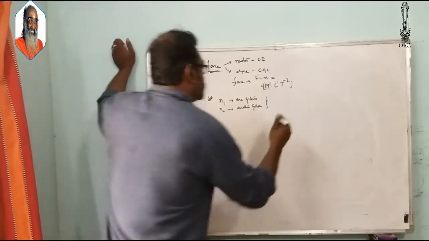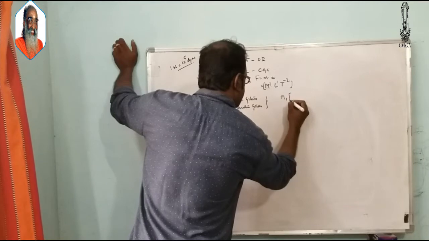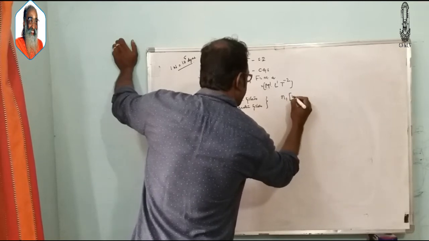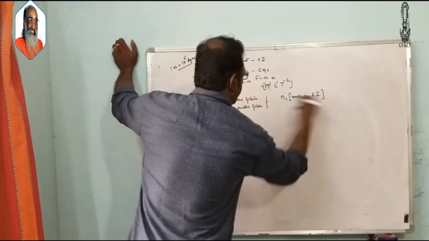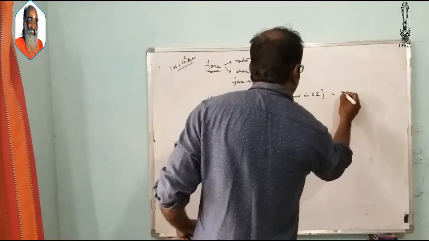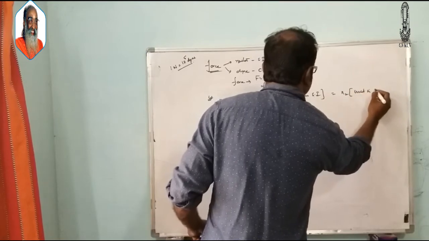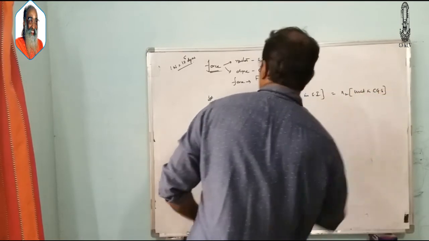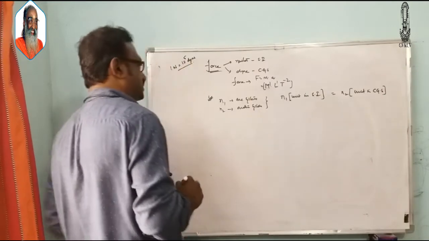That means, let n1 be the unit in SI, equal to n2 the unit in CGS. n1 is the unit in one system, n2 the unit in another system.